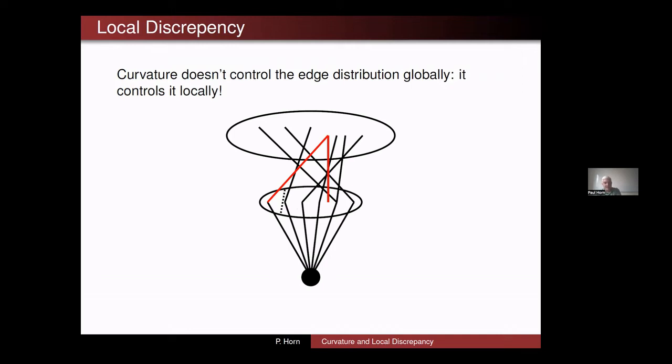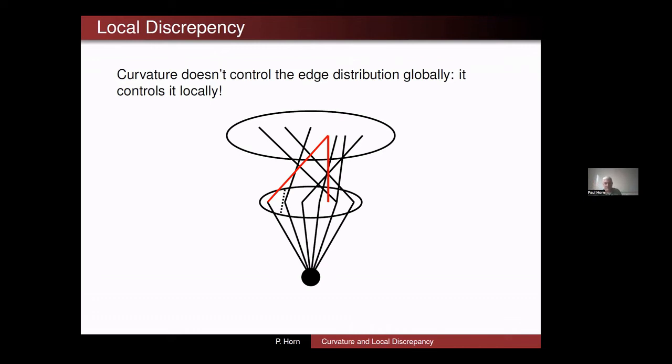And this last little schematic slide is suggesting that actually maybe a little bit more is true: if I cut up my first neighborhood like 10% on one side and 90% on the other, I expect more or less 10% of the edges from up top to be going to one side and 90% to the other.